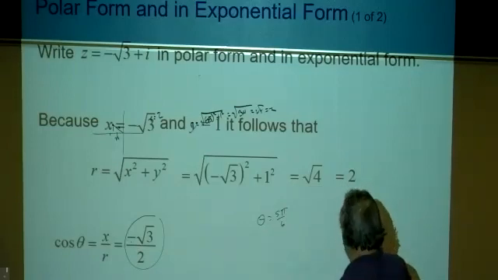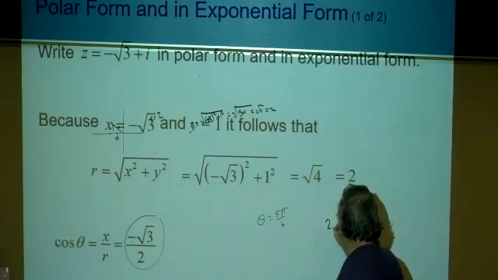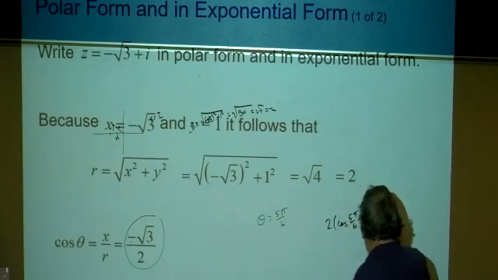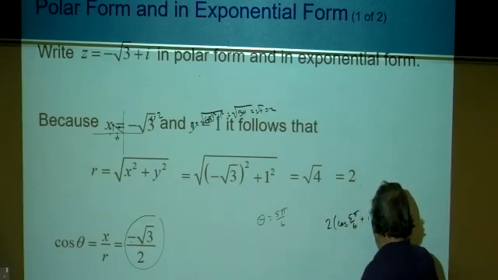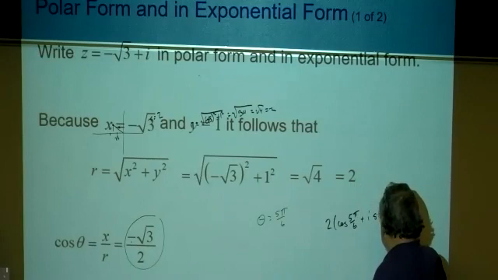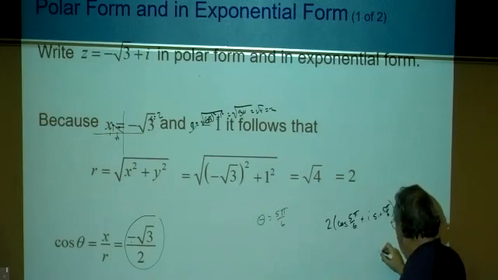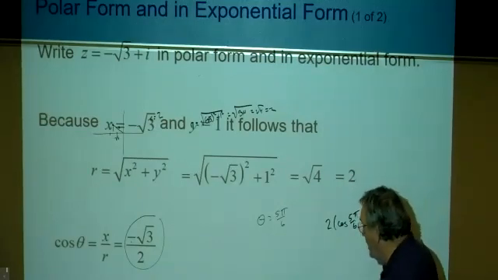So in polar form, r is 2, and we have the cosine of 5 pi over 6 plus i times sine of 5 pi over 6. And in exponential form, you have r times e to the i theta.